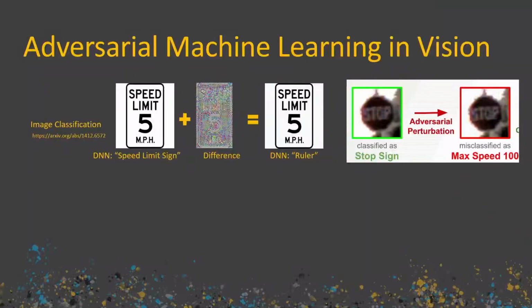So before going into our proposed overview of techniques, let's first talk about adversarial machine learning in the vision space. Adversarial machine learning is a relatively new, emerging field in machine learning that examines the robustness and vulnerability resiliency of machine learning algorithms.